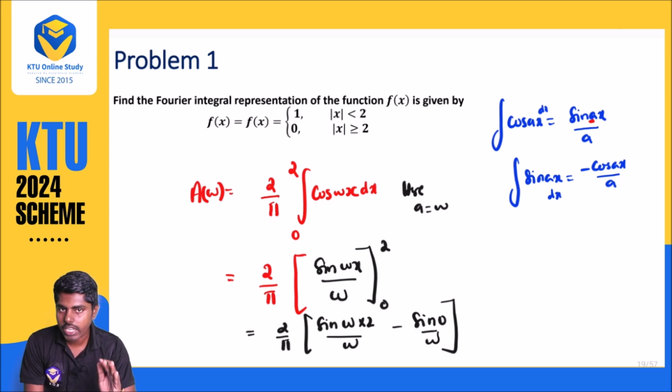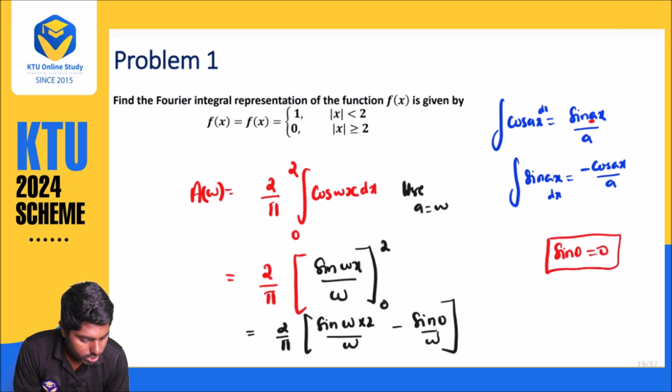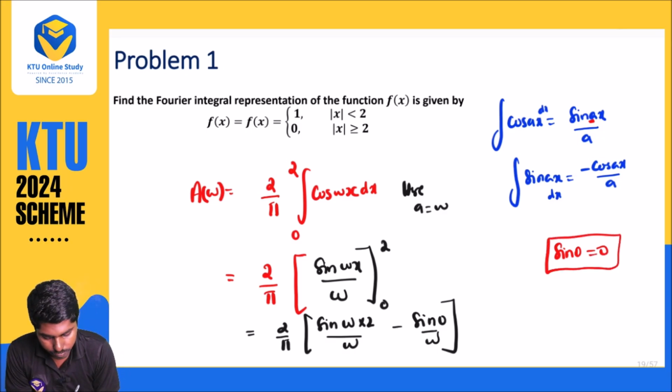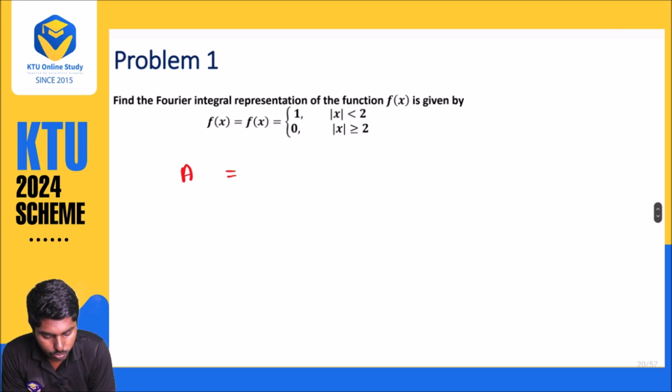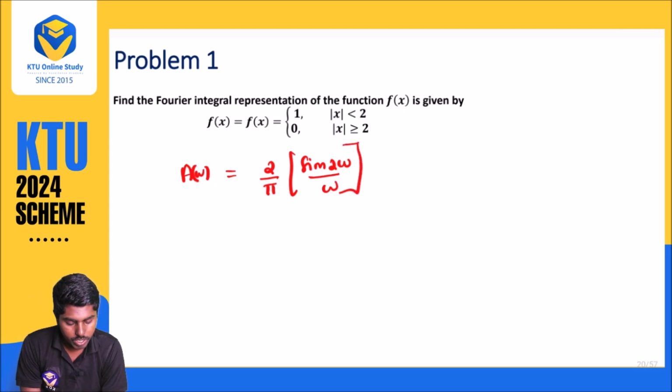Sin 0 is 0, it is very important. So our a omega answer is 2 divided by pi, sin 2 omega divided by omega. So this is our a omega value.